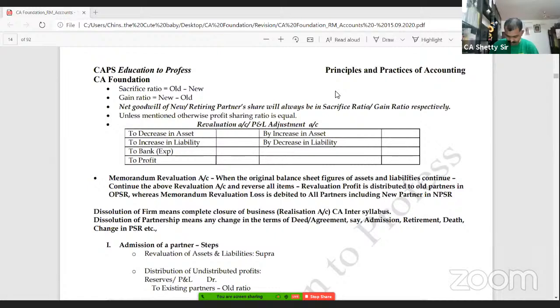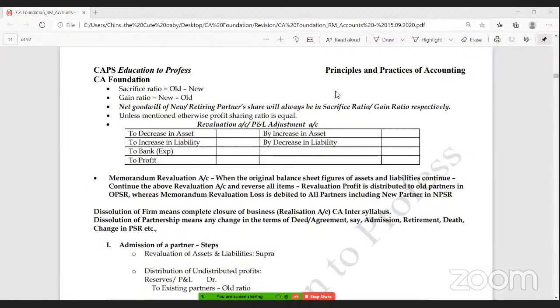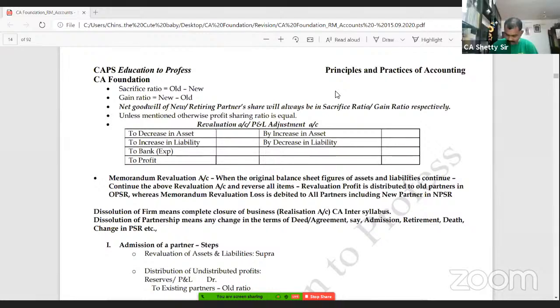Now in green ink write: to profit. Who are the partners? Old partners, X and Y, 45 each. The outer column normal is 90. How much does it come to? 90. This is not a mathematical problem, it is a conceptual problem.